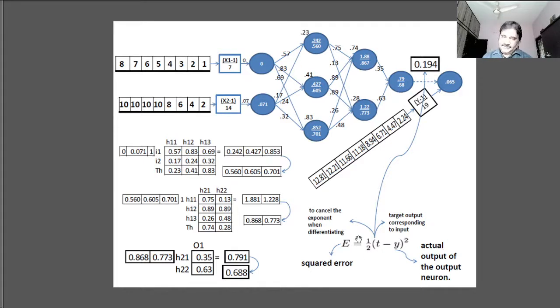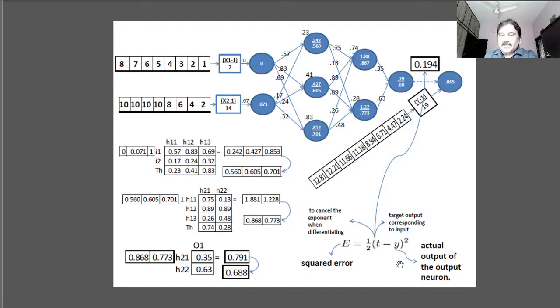Finally you will get the squared error. See in what way I have written the squared error: 1 by 2 into bracket t minus y squared, where t is the target output corresponding to the input, and y is the actual output of the output neuron. t minus y is the difference between what you want and what you get.